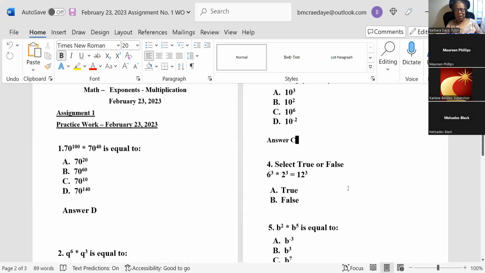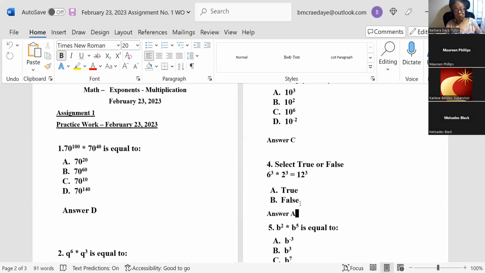But what you're saying, Mercedes, is when you have different bases and different powers. Here the powers are the same. Like Maureen said, you multiply the 6 times the 2 and you get 12, and it would just be 12 to the third. So that makes this true, answer A. I misunderstood that.